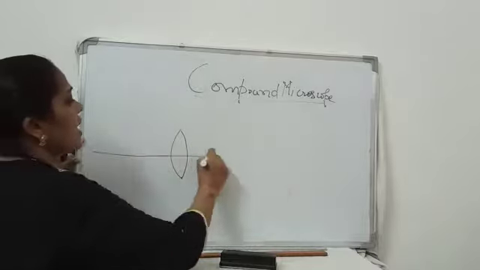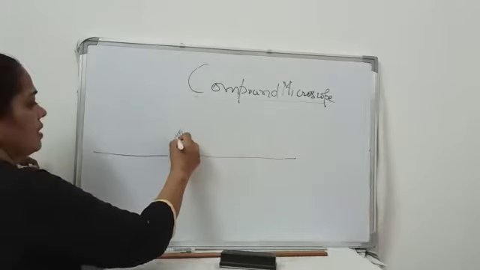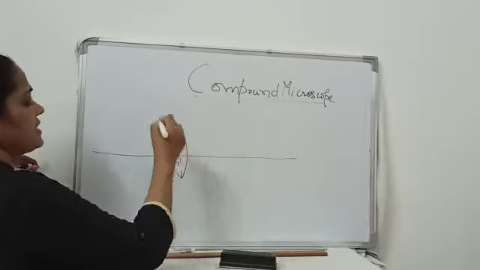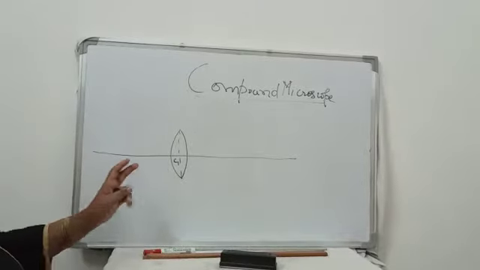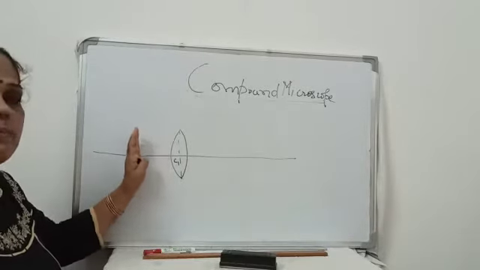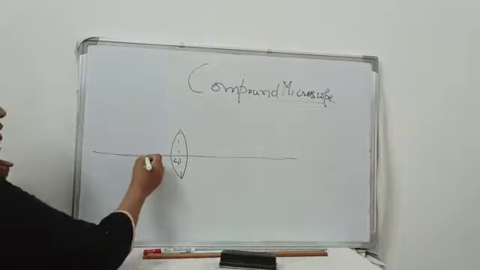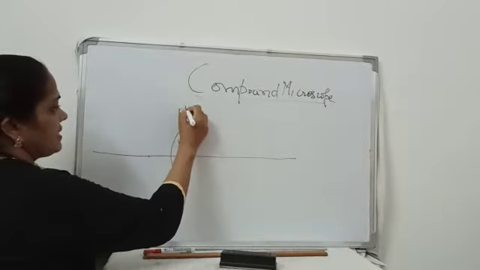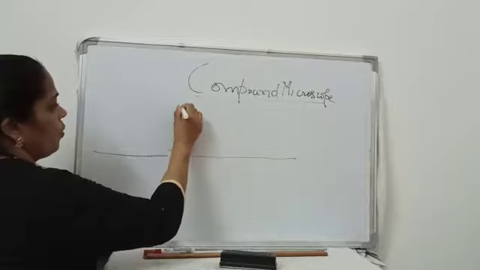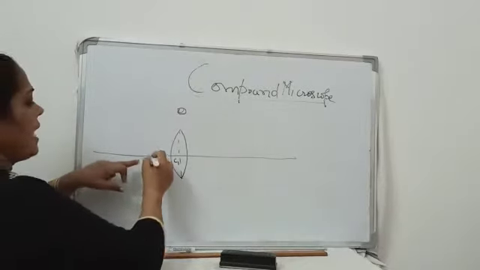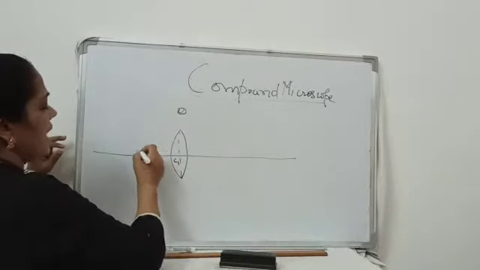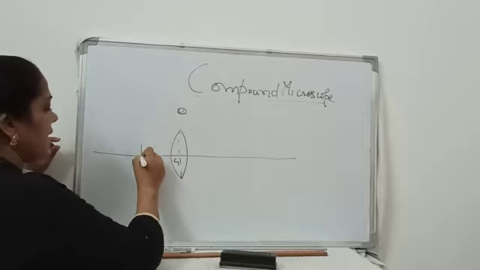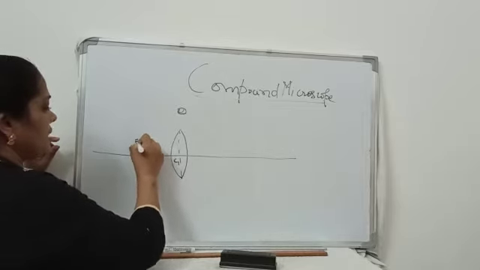Now you can place the object, we will mark this optic center as C1. We can place the object just beyond the focus. So if this is the focus, we call this as the objective lens. And if this is the focus, I just place the object slightly beyond the focus.